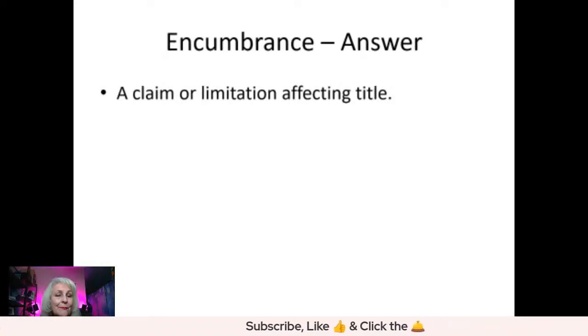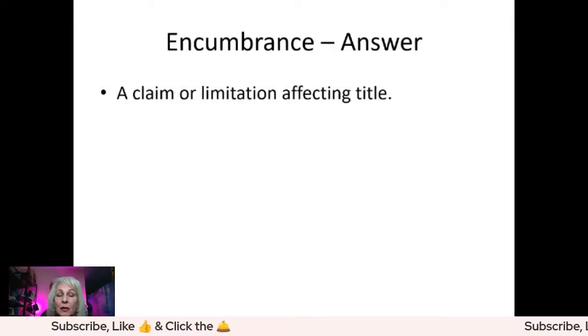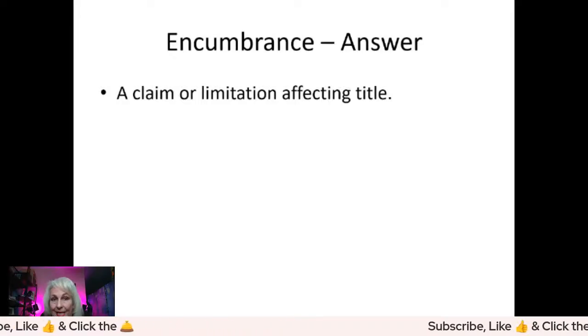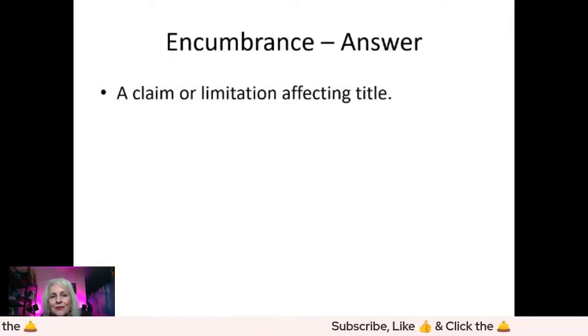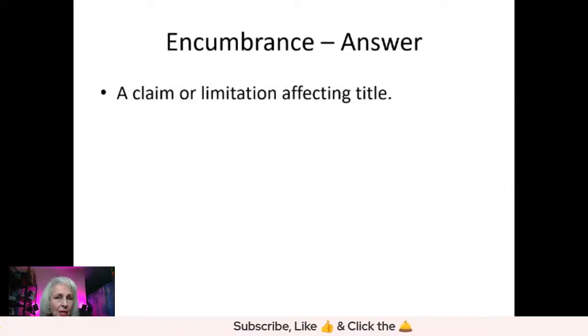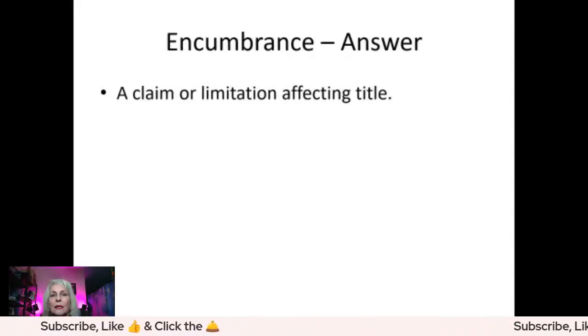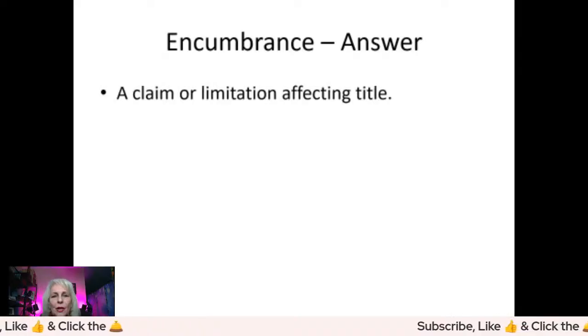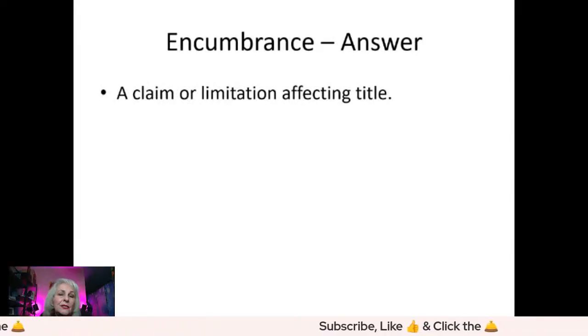So it limits the conveyance of that property when an owner wants to sell it. So if there's an encumbrance, there's something attached to that title that needs to be cleared. Okay, it has a cloud. The title has a cloud, and it needs to be cleared prior to closing.